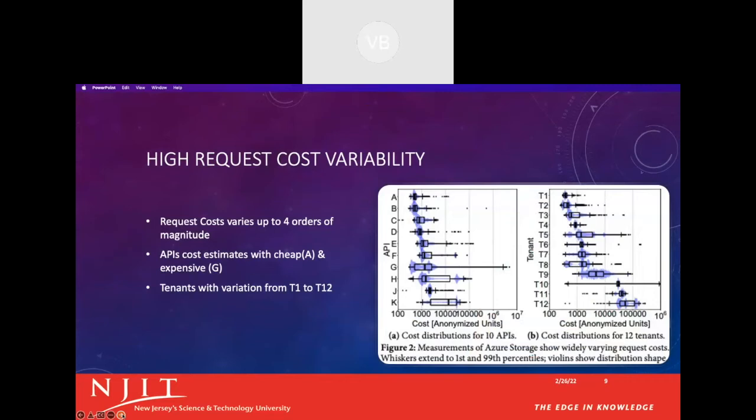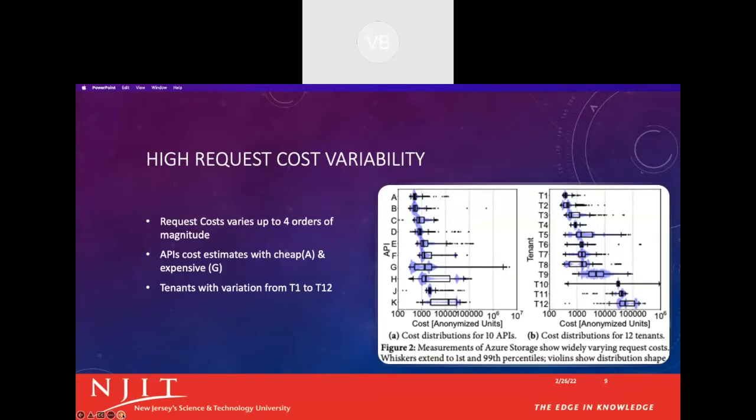So the high request cost variability can be seen in this picture shown here. We have APIs from A to K with their respective costs. The request cost varies up to 4 orders of magnitude.